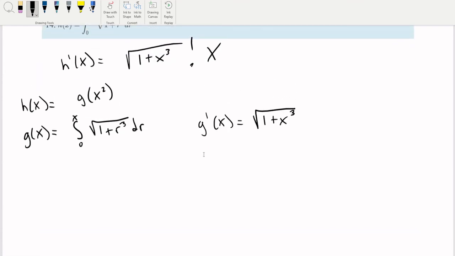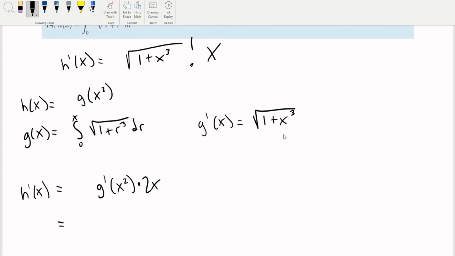So what's the derivative then? Well, H prime, this is chain rule, right? This is equal to G prime of x squared times the derivative of x squared. But I know G prime, right? Fundamental theorem tells me it's this.